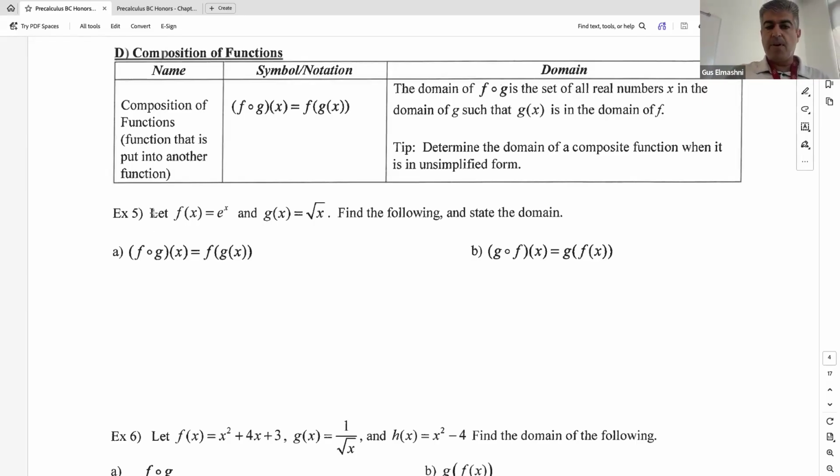So in this case, if your f function is e to the x, and your g function is root x, if you want f of g of x, that's just going to be e to the root x power. And then there is a restriction. x has to be larger than or equal to 0. So 0 to infinity.